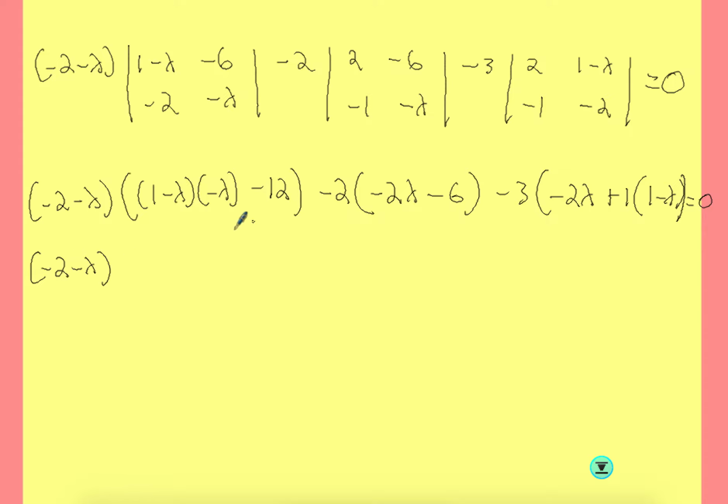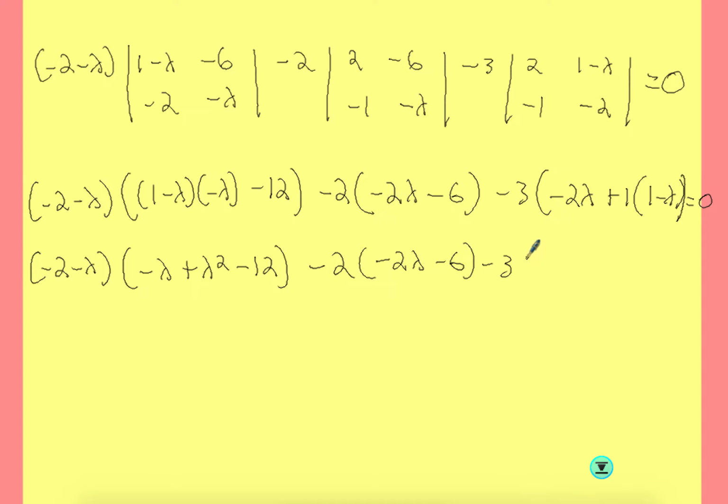Now I'm just going to sort out the brackets I've just worked out. So that's going to be negative lambda plus lambda squared take away 12. And here we've got -2 lambda take away 6. Oh, sorry, messed up my lambda. Take away 3.